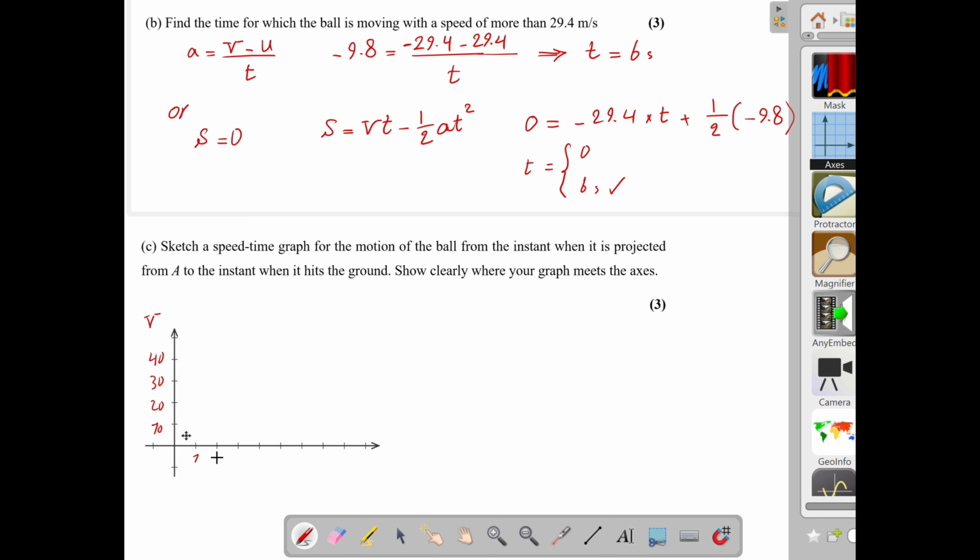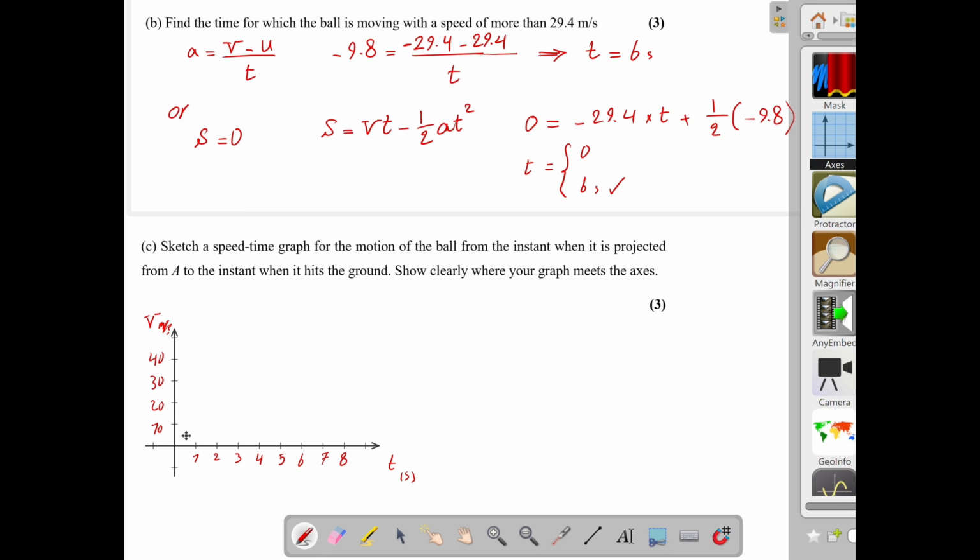Okay, it will be 1, 2, 3, 4, 5, 6, 7, 8, let's say. And this is time in second. And this is in meter per second.